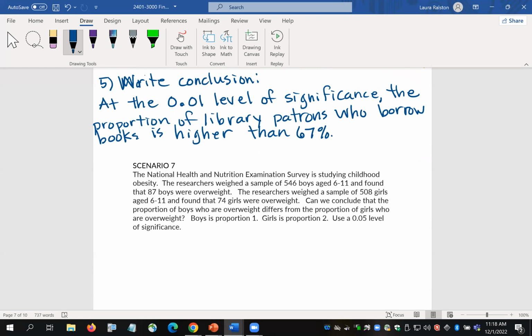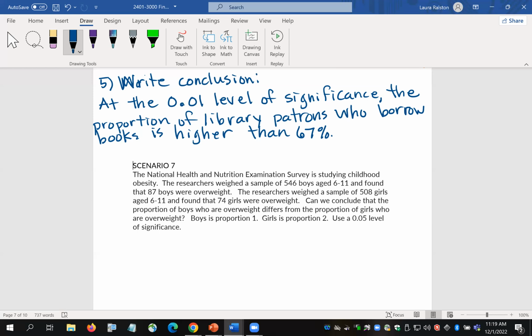Scenario 7 reads, the National Health and Nutrition Examination Survey is studying childhood obesity. The researchers weighed a sample of 546 boys aged 6 to 11 and found that 87 boys were overweight, and the researchers weighed a sample of 508 girls aged 6 to 11 and found that 74 were overweight.